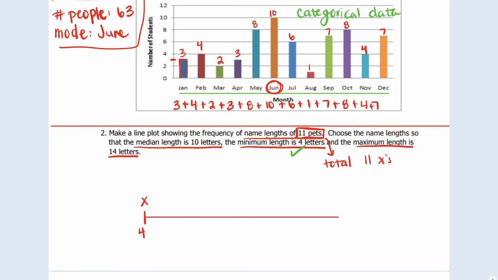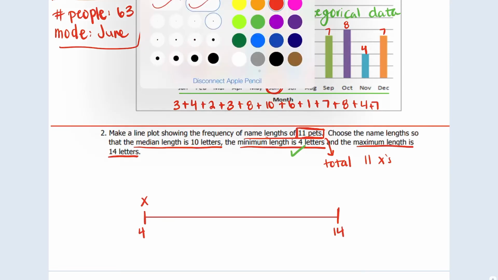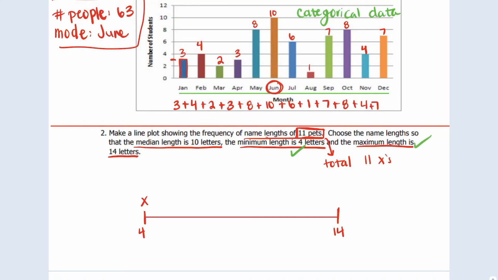Okay. Next, maximum length is 14 letters, so I think I'm going to end my number line at 14. And boom, check, I have that next requirement checked off. Okay, or actually I don't yet, I need to put one x, at least one x there. Okay, if you have multiple x's there, that's okay, but we're going to double check to make sure that our median length is 10 letters.